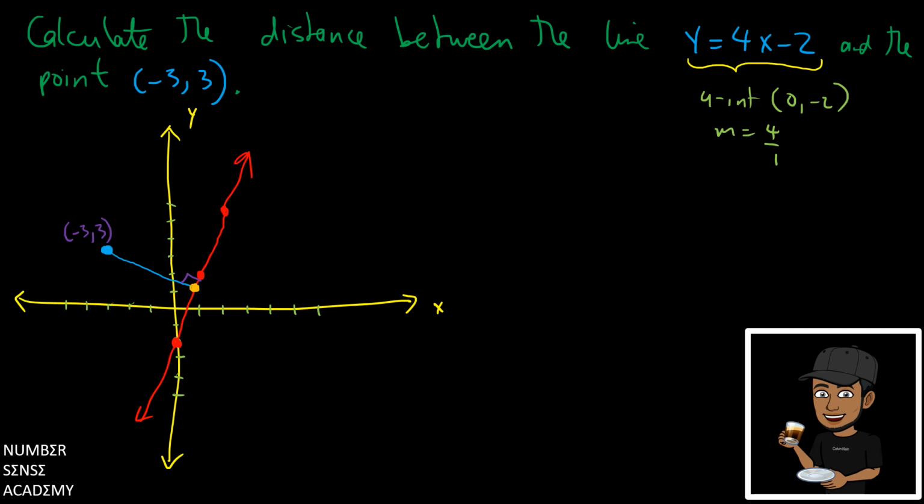We need to know where this point here intersects this line. And we know they meet at a perpendicular point. So we need to find out the point where they meet. In order to find out the point where they meet, we first need an equation for this line.